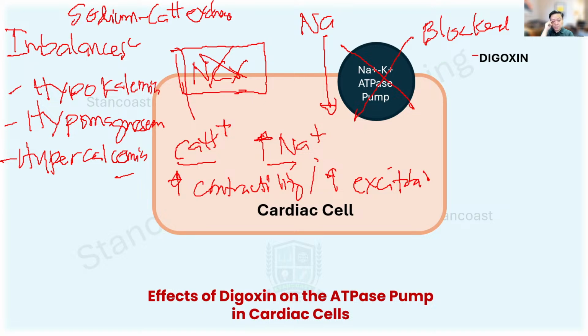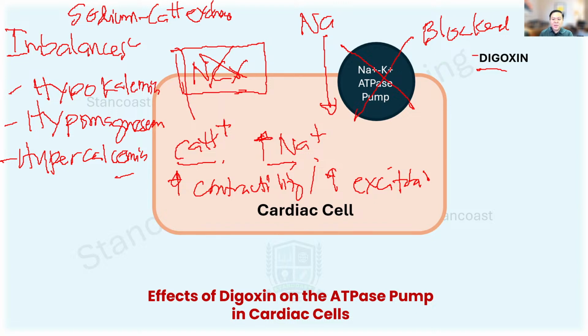Now, when this happens, especially when the patient is taking digoxin, there's blockade of the sodium potassium ATPase pump, and this can also enhance the increase of the calcium ions inside the cell, plus the sodium.